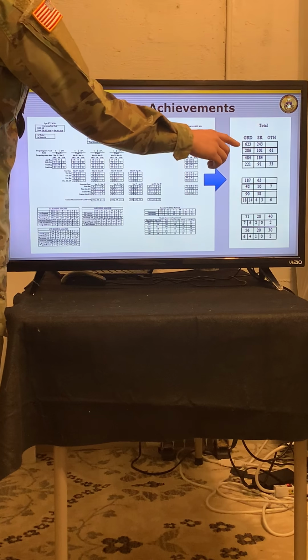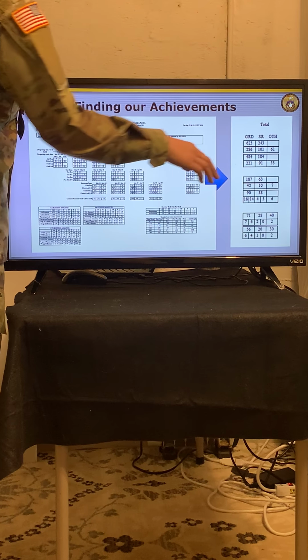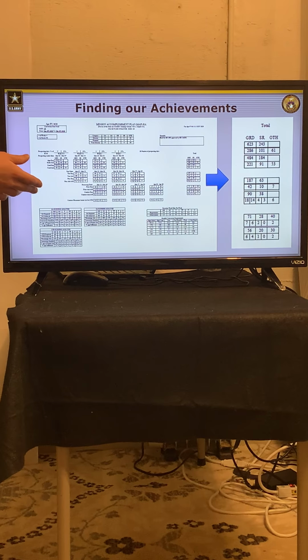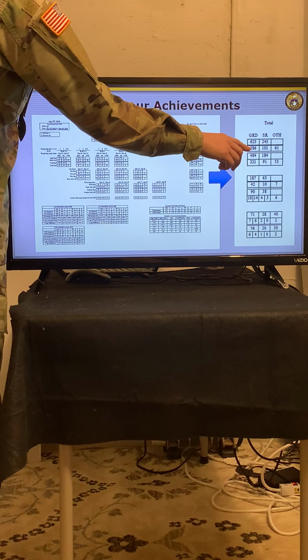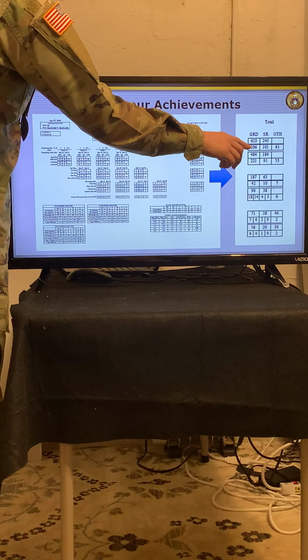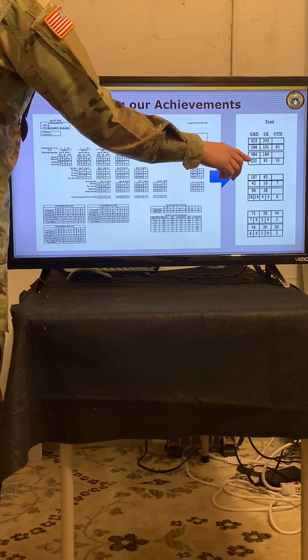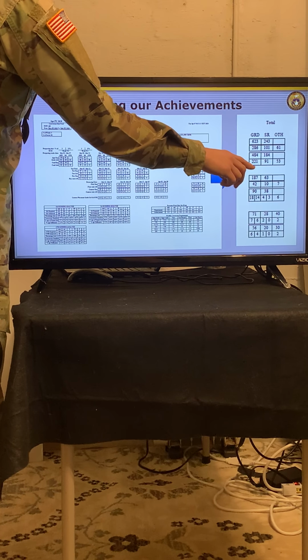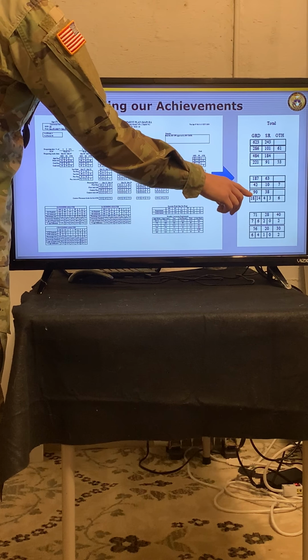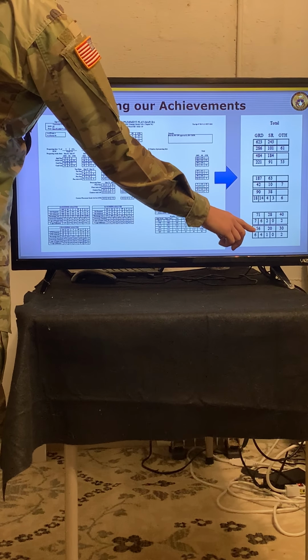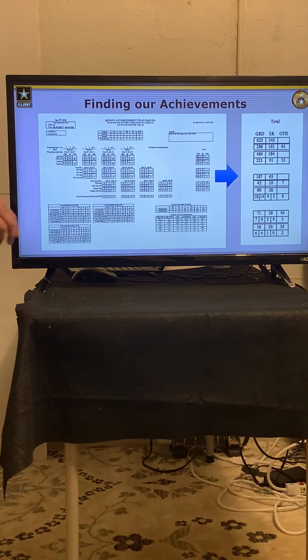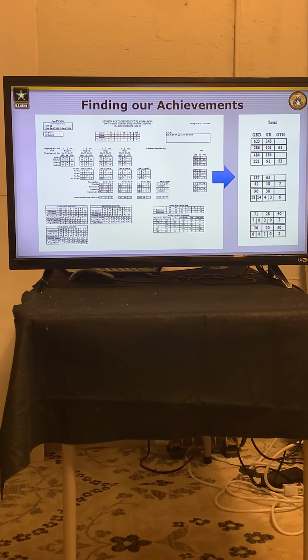What we need to look at is the bottom line, which is our achievements, what we actually achieved that phase line. So what we're going to be doing is adding up our appointment makes for our grads, our achieved appointment makes, our achieved appointment conducts, our achieved test, our achieved test pass, our achieved floor, and the actual number of contracts we had that phase line.